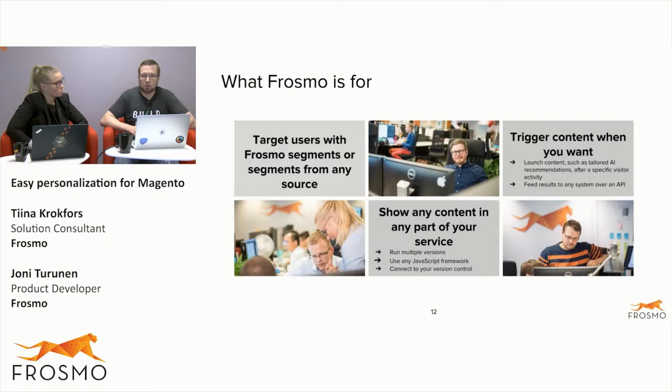You can have experimentation and personalization, which we will be talking about a bit later. And then you can show that content whenever you want, when the user makes a certain action on the page, or comes to a certain page, or whatever kind of events you can come up with, like adding a product to the basket and so on.